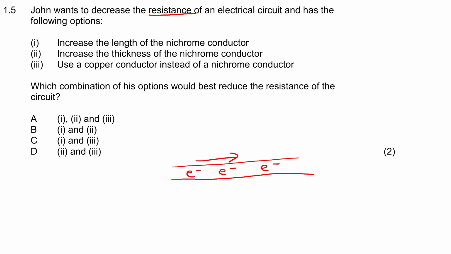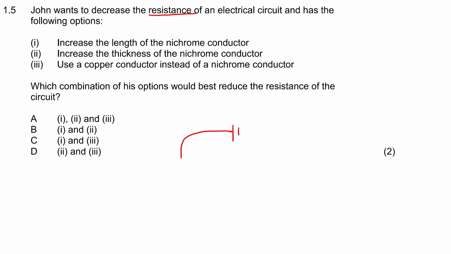Now, if you make it very difficult for them to move, then that means you have a high resistance. Resistance, what does the word resist? It means to try stop something. So if there's a high resistance, then it means it's very difficult for the electrons to move. And if there's a low resistance, then it's very easy for them to move. Okay, so if you increase the length, so let me try show you this. Let's say we have a circuit, okay?